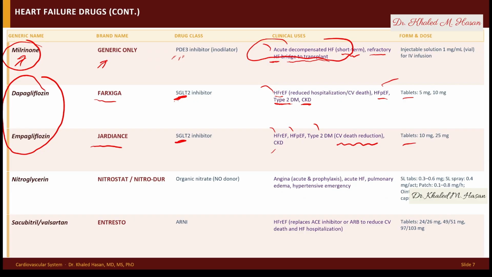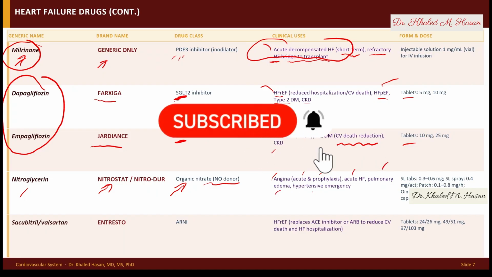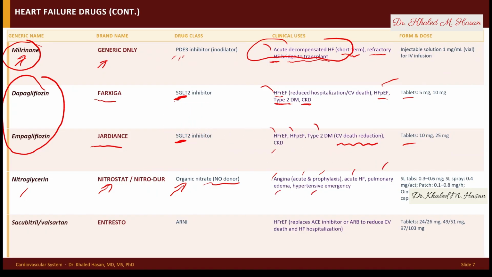Moving to the next medication, nitroglycerin. Nitroglycerin, brand names Nitrostat or Nitro-Dur, is an organic nitrate that releases nitric oxide, considered an NO donor. Nitroglycerin is used for angina, either acute or prophylaxis, acute heart failure, pulmonary edema, and hypertensive emergency.